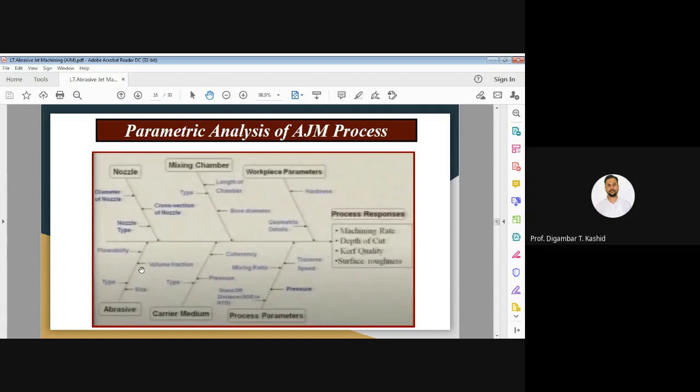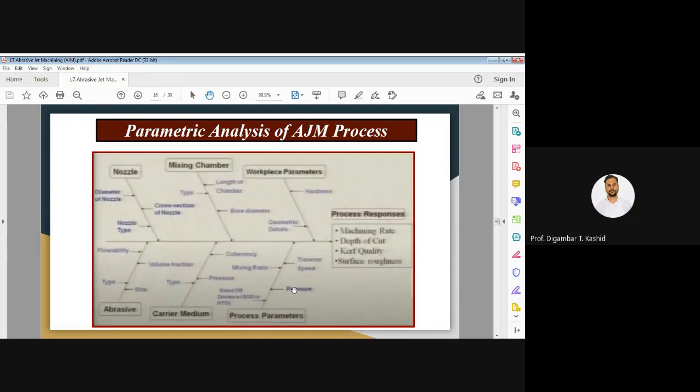That is again a controlling parameter as far as material removal is concerned. It also controls the accuracy of the machined cavity. Next is the carrier medium, another very important parameter. Which type of carrier medium you are using, whether it is air or some other gas, like an inert gas.